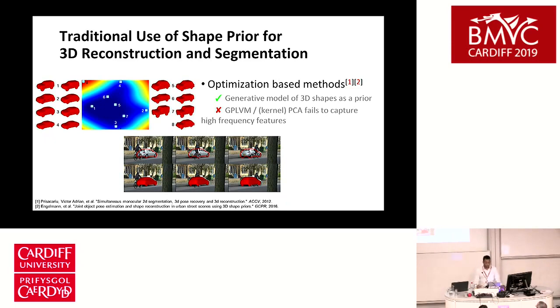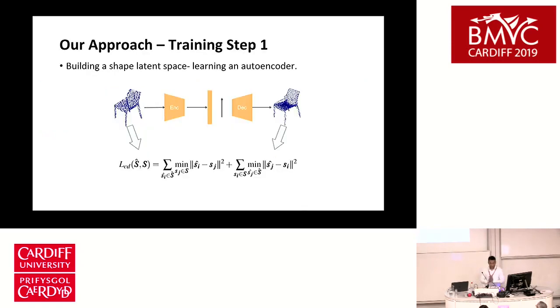And what we want to do is to replicate the same thing, but replace the traditional dimensionality reduction methods like GPLVM or kernel PCA or some variant of those with deep learning. So essentially, our approach is very simple. It has two training steps. In the very first step, we train an autoencoder. It's a point cloud autoencoder.